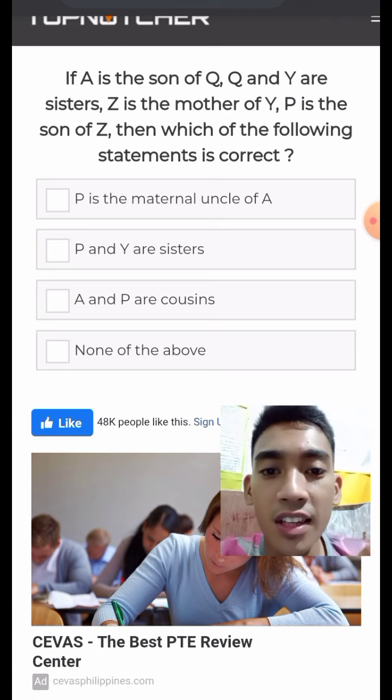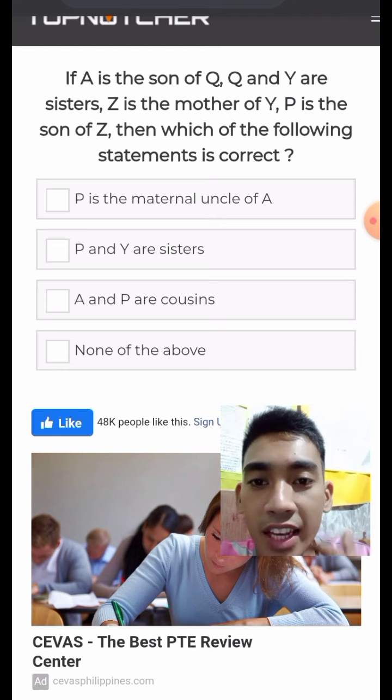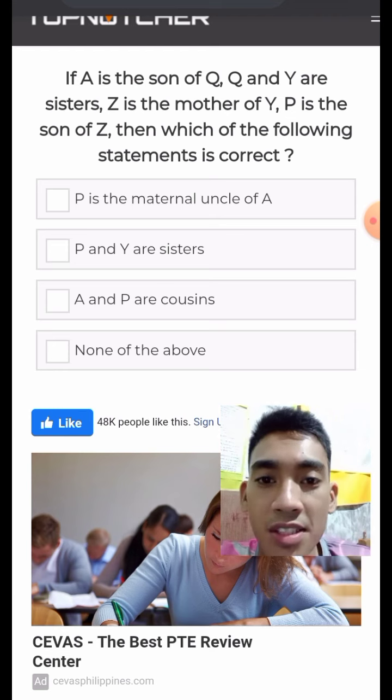P is the maternal uncle of A. P and Y are sisters. P is a son, brothers and sisters. A and P are cousins. None of the above.